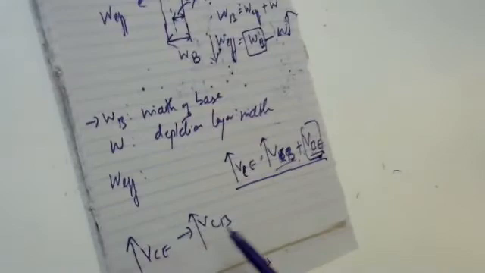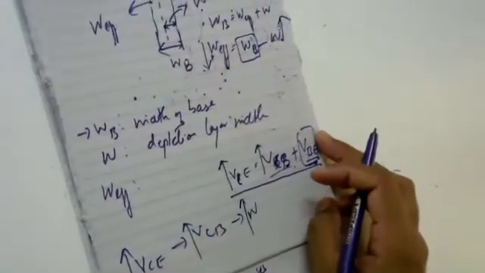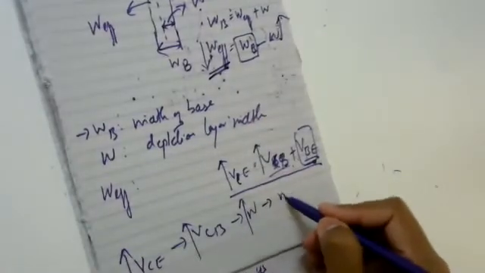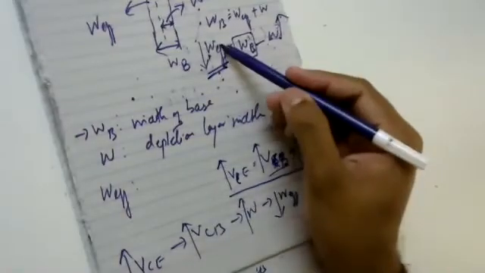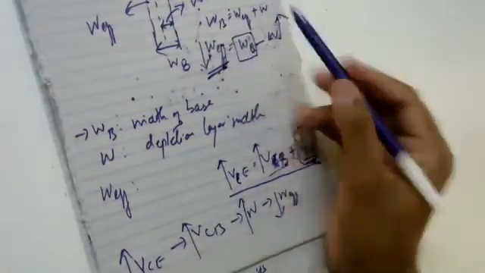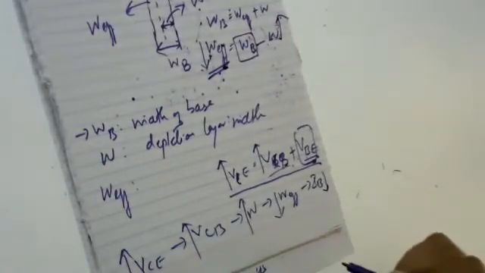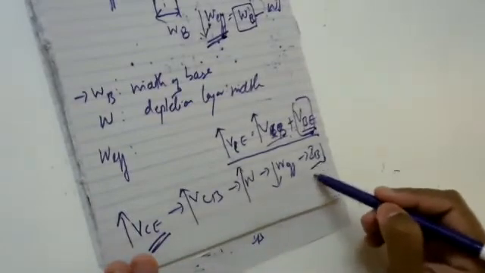So I can simply say here, since my VCE is increased, VCB also increases. The effect of this is making my W increase. Since W is increasing, what is happening to W effective? W effective is decreasing. Since W effective is decreasing, what does it make? It makes my IB decrease. So this is the cause and this is the effect.